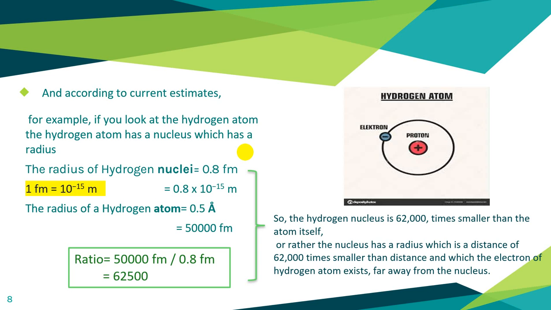That's a huge number. So the hydrogen nucleus is about 62,500 times smaller than the atom itself, or rather, the electron of the hydrogen atom exists at a distance 62,500 times larger than the radius of the nucleus.